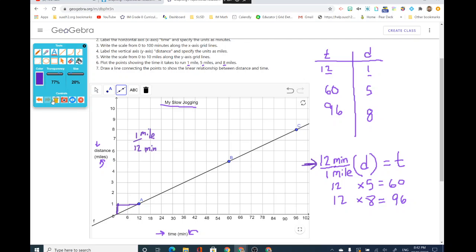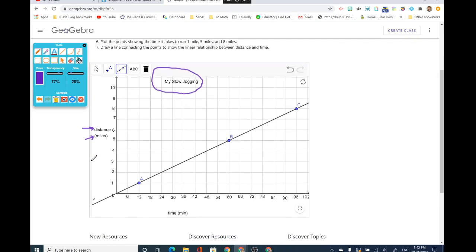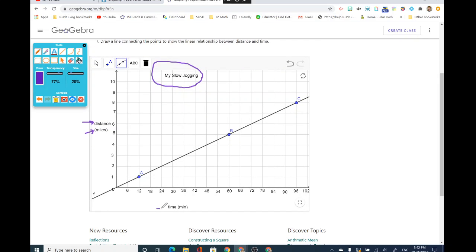Let me show you what I'll be grading you on. I am going to be grading you on having a title, having the y-axis labeled with units specified in parentheses. I will be grading you on labeling the x-axis with units specified in parentheses.